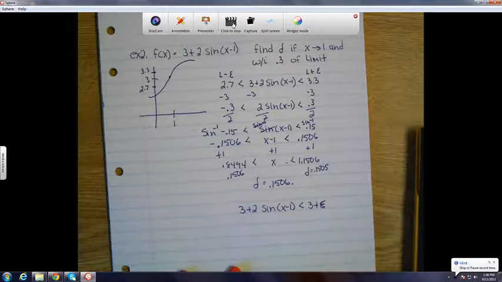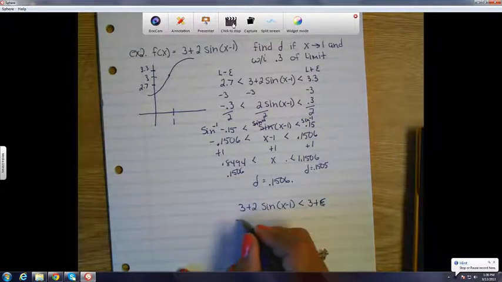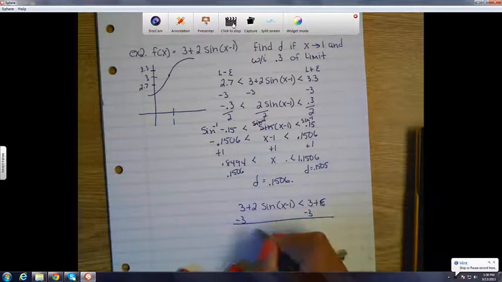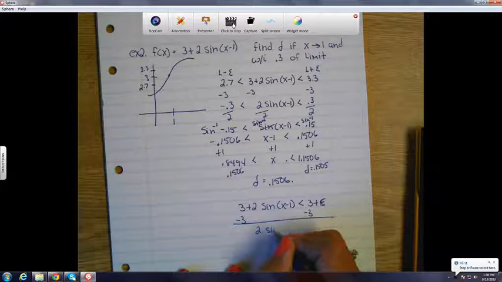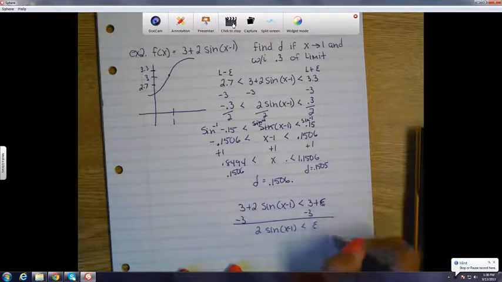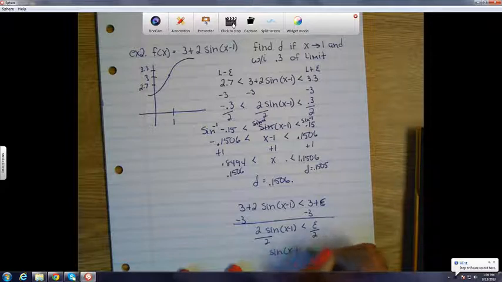And we'll go through those steps. Subtract 3. 2 sine x minus 1 less than epsilon. Divide by 2. Sine of x minus 1 less than epsilon over 2.